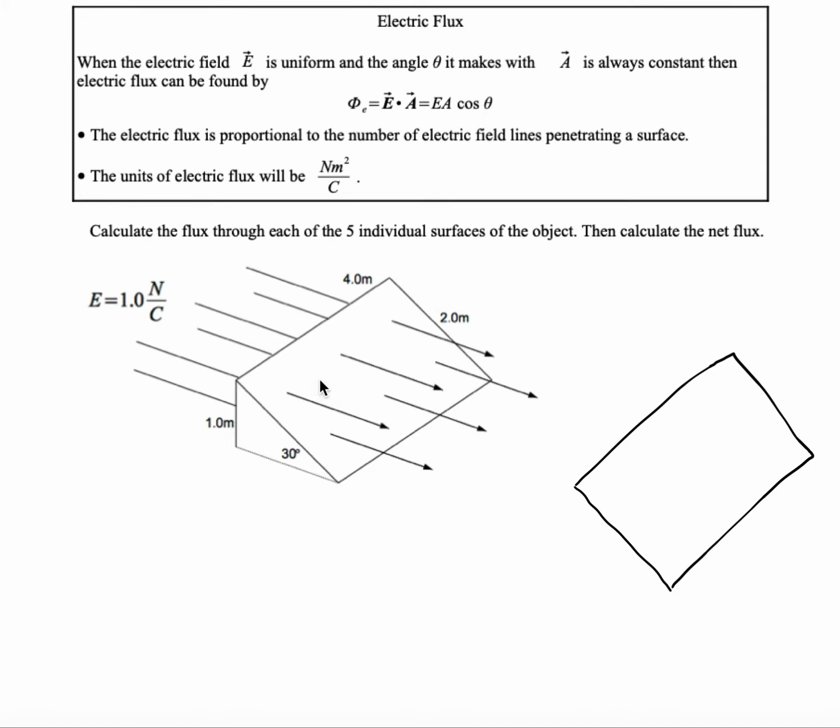Going to pull that top surface out. And what we need is an area vector which is normal to the surface. Normal means it's perpendicular to it. So if we had lines on the surface itself, we need a vector which is perpendicular to any line on the surface.